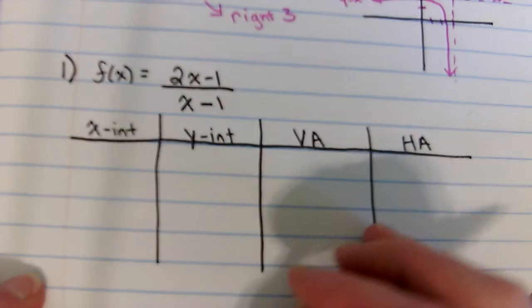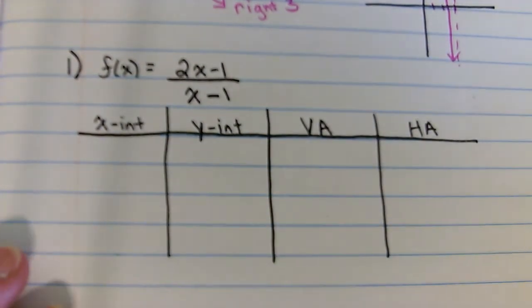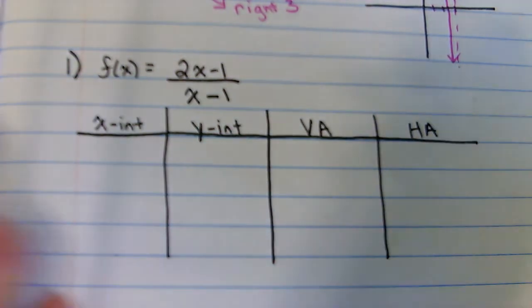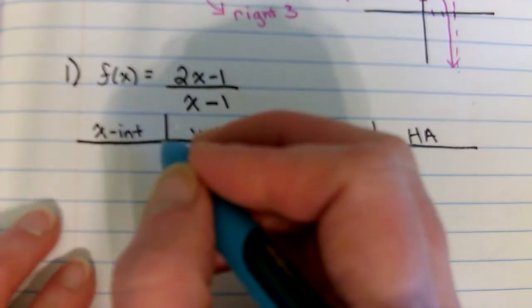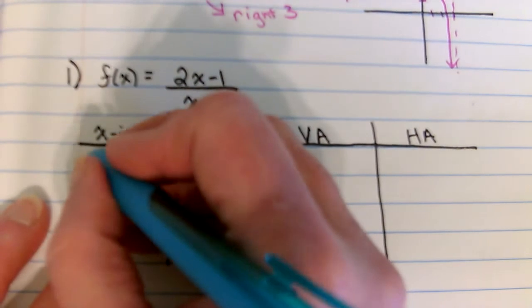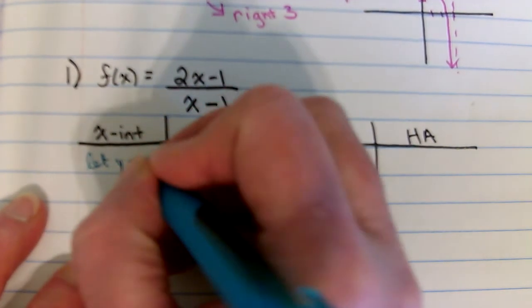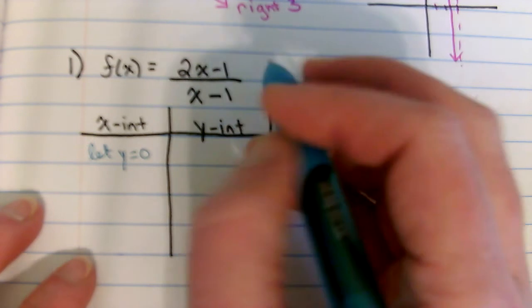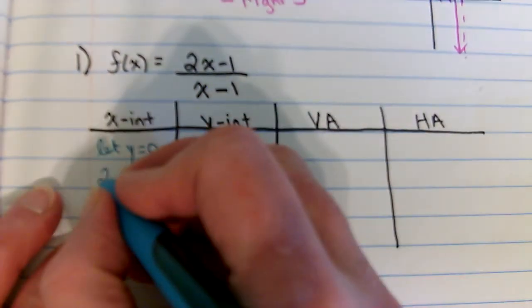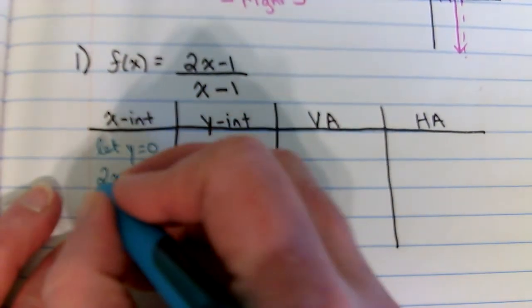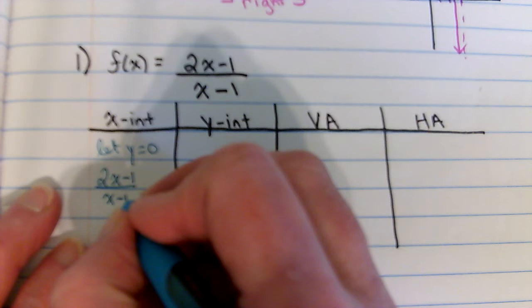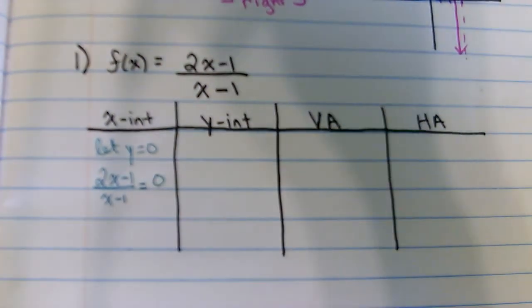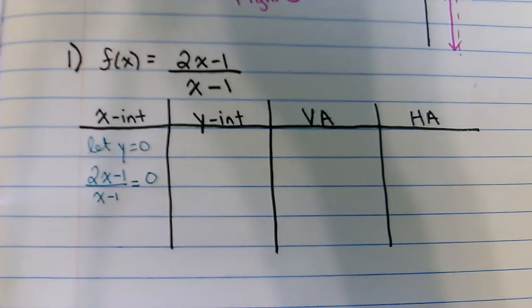Okay. So how do we find an x-intercept of any graph on Earth? Well, x-intercepts are when y is 0. So let y equal 0. So I'm going to set this whole thing equal to 0. Now I have a fraction.